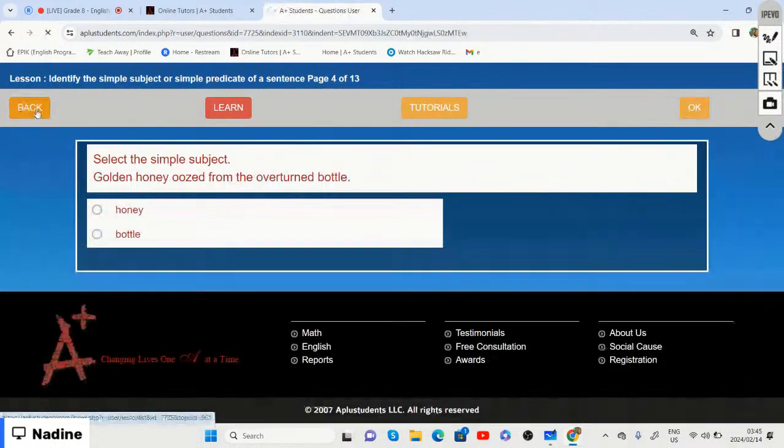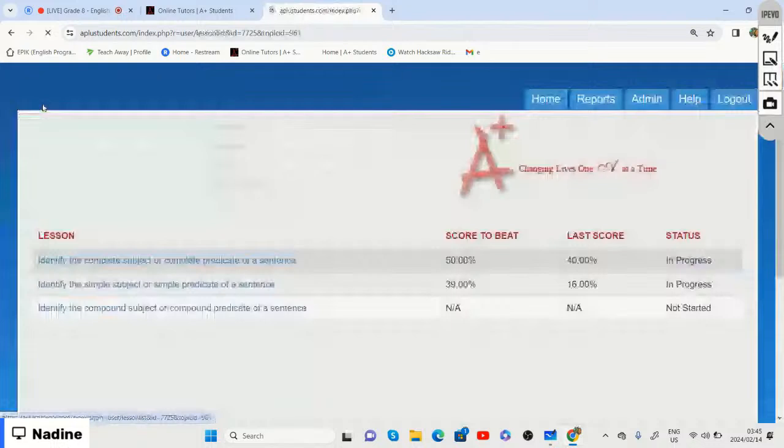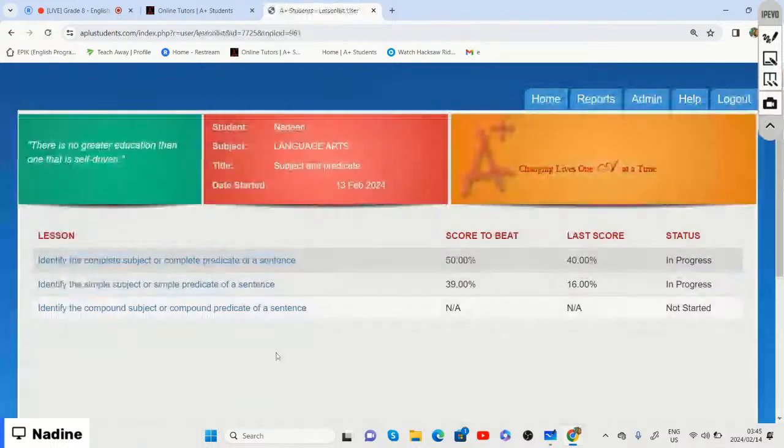All right, so that is the end of our lesson on subject and predicate. We said a complete subject tells us who or what is doing something, basically who is doing the action.